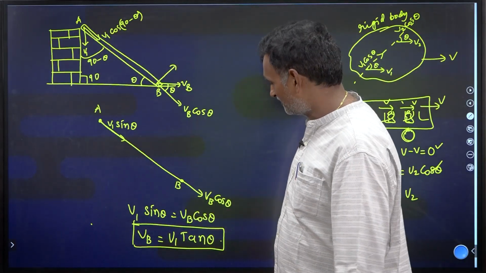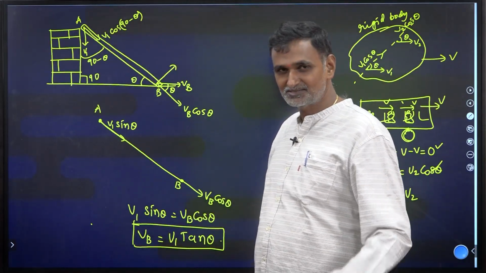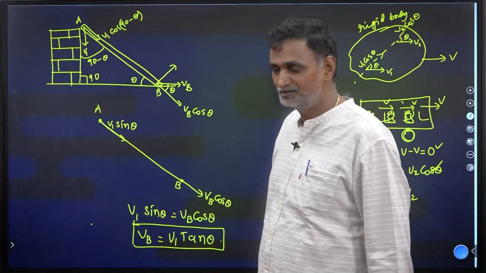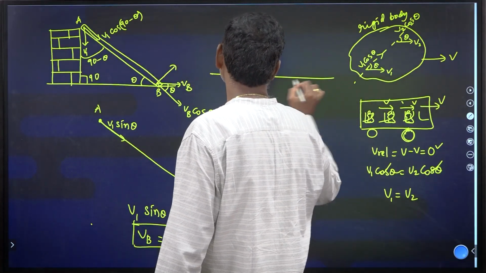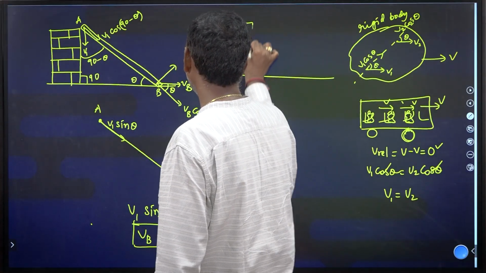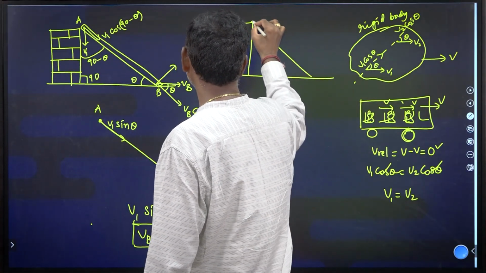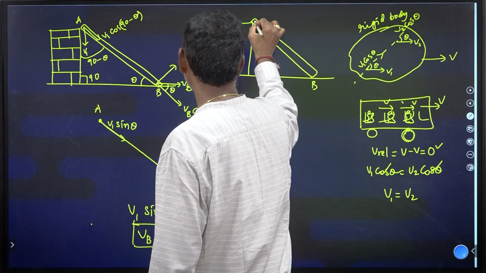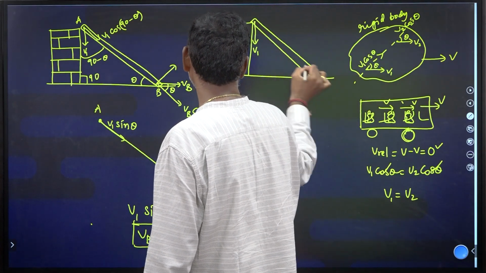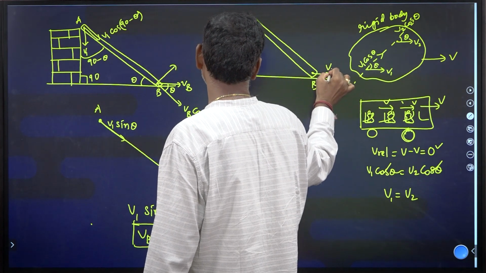For your practice, I will give the question with just a small change. Here it is the wall, same concept, same condition, and end B is moving downward with the speed V1, and the other end moves with the speed VB.